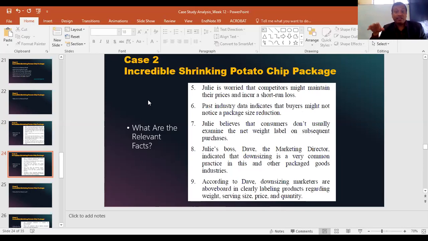The managing director indicated that downsizing is a very common practice in this sector, especially in the packaged goods industry. And the last one is that downsizing marketers are above board in clearly labeling products regarding the weight, sizing, price, and quantity. So all these are the facts given in this case.